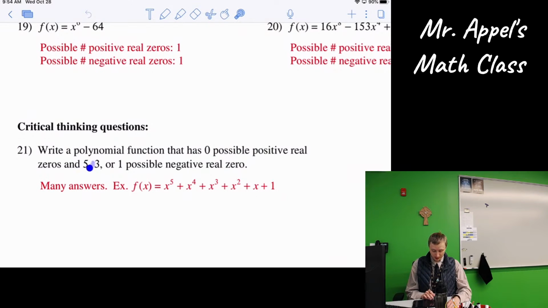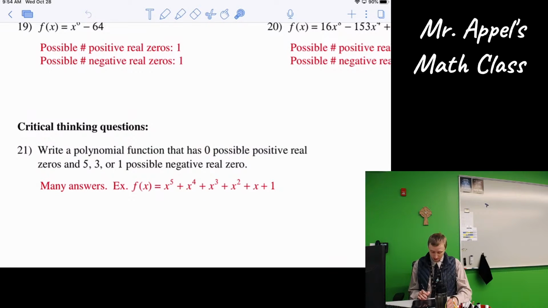You got to get at least 5, okay? So the minimum possible power has to be the 5th power. And as luck would have it, the simplest is just x to the 5th, 4, 3, 2, 1, 0, all positive, because then the odds all switch and the evens stay positive sign.